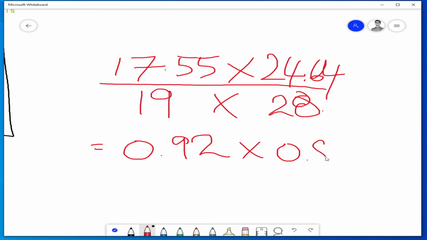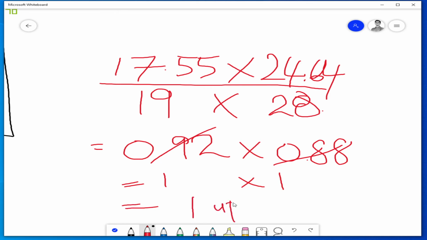So 0.88. So 0.91, 0.8 is 1. So equal to 1 up.